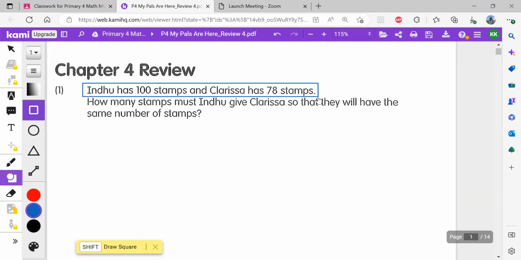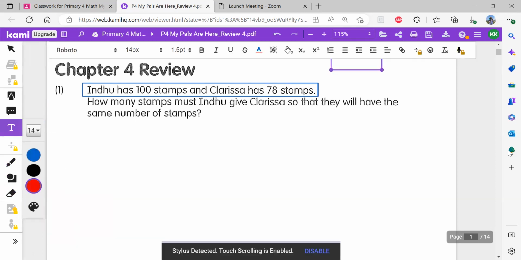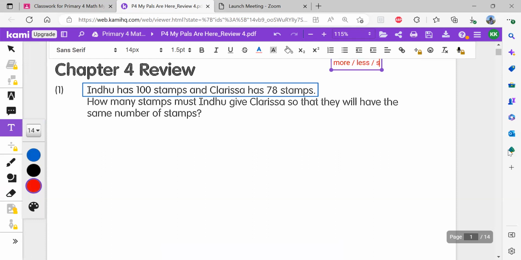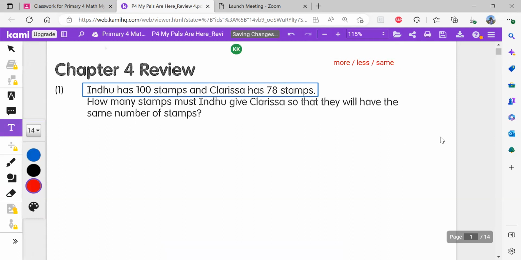Okay, so usually the sentence must be able to tell us who has more, who has less, or if both of them have the same amount. So by saying that Indu has 100 stamps and Clarissa has 78 stamps, I know that Indu has more, right? Because I know that Indu has more, so I will start from this sentence because this sentence already shows comparison.